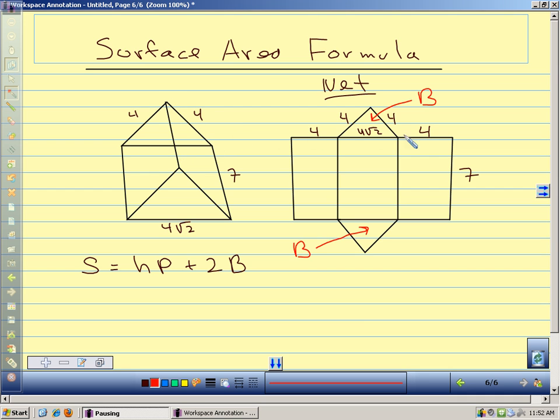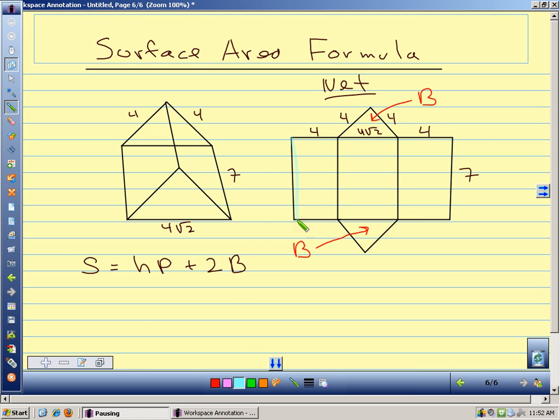So the area of the big rectangle, I'm going to do a highlighter around that one. The area of this highlighted rectangle is the height times the perimeter. That's the area of that rectangle.